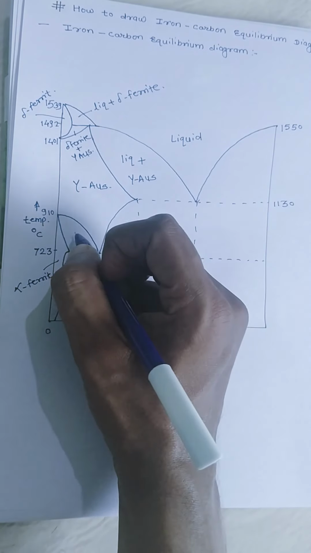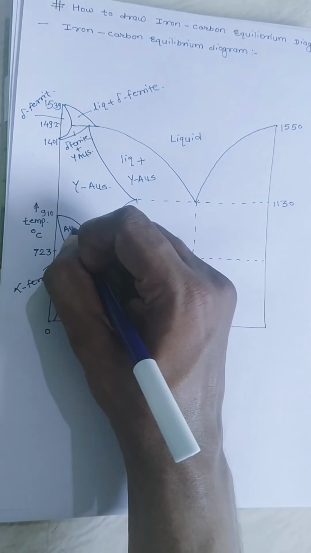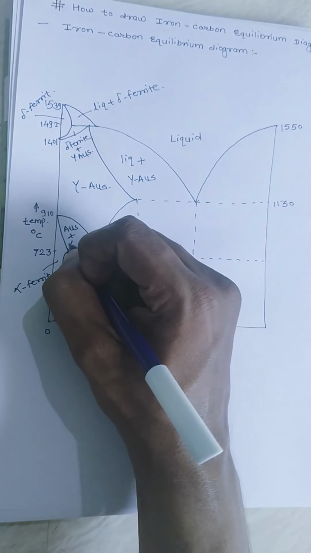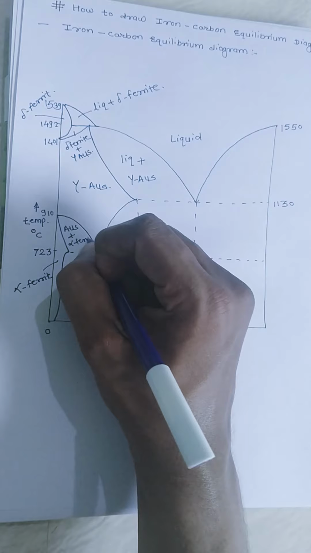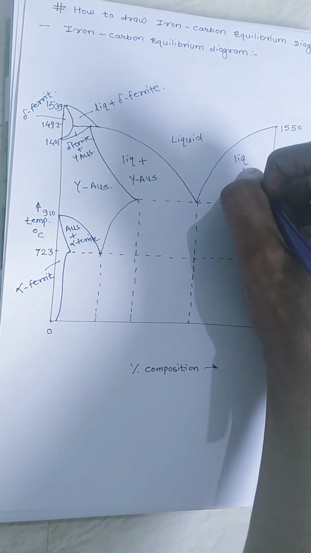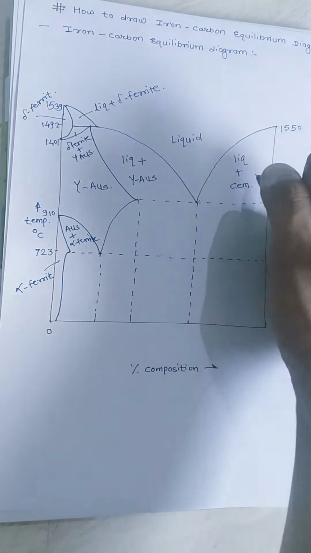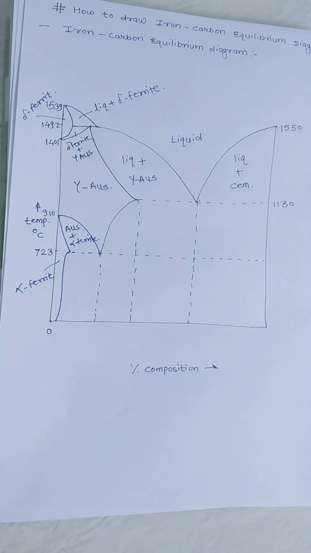In this region, austenite plus alpha ferrite. And in this region, liquid plus cementite is present.